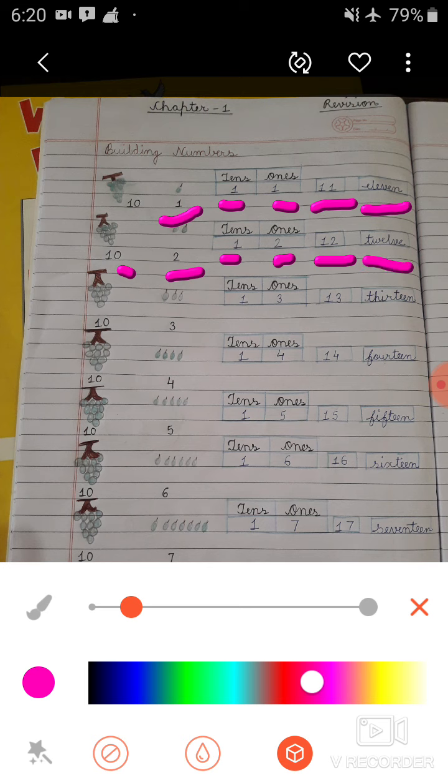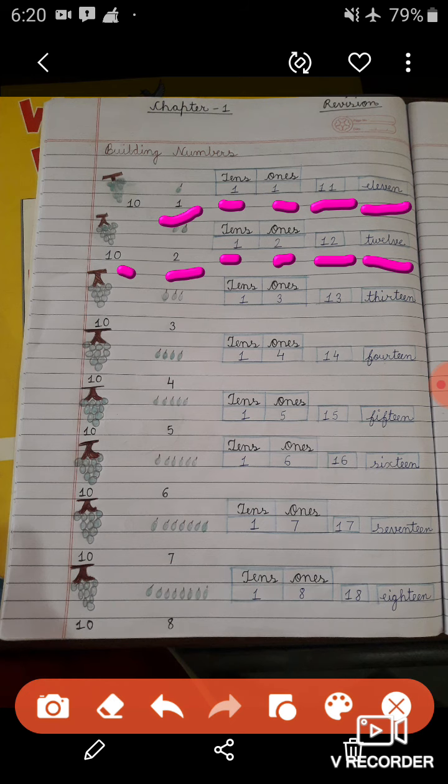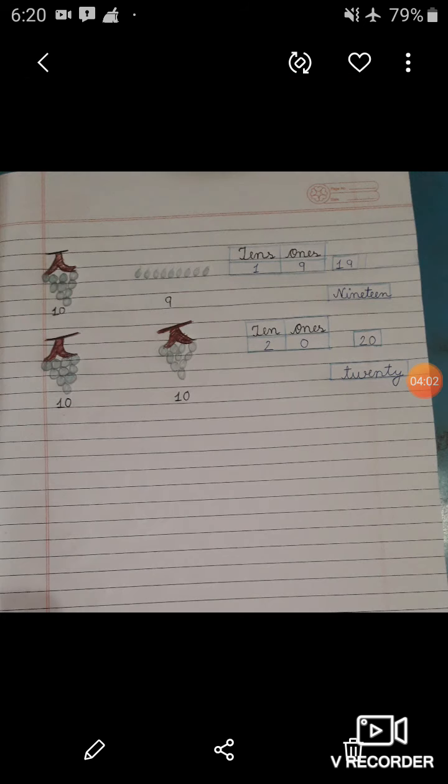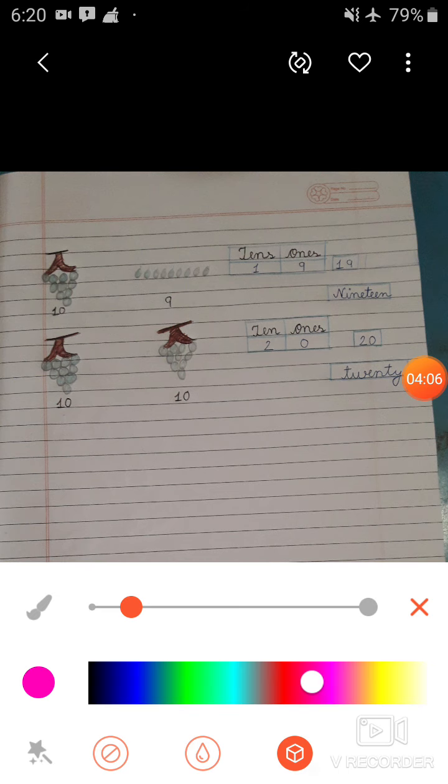Similarly, you have to write all this in your notebook like 13, 14, 15, 16, 17 and 18. Here 19 and 20. Students, to make 19, first of all you have to make a bunch of 10 grapes.